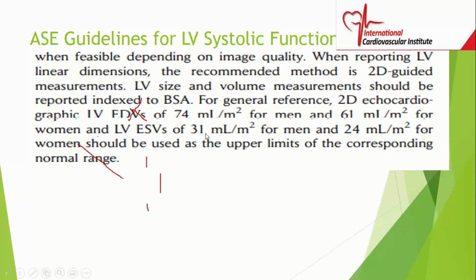So what I recommend, for people doing echoes, you need to follow the ASE guidelines, and especially people doing exams. If you follow the ASE guidelines, then you don't have to try and remember anything. You just have to remember how you do your studies.